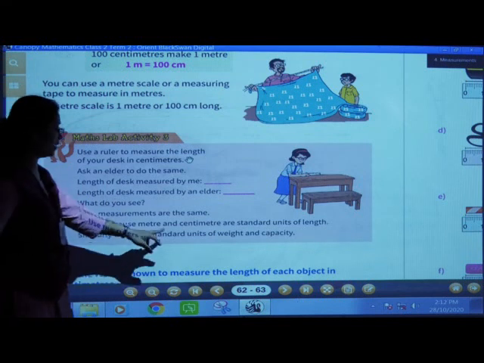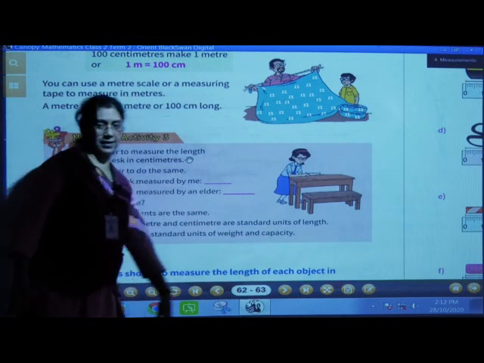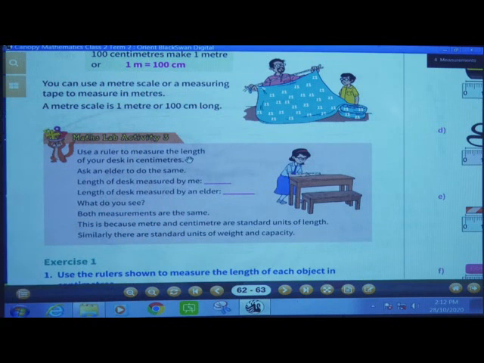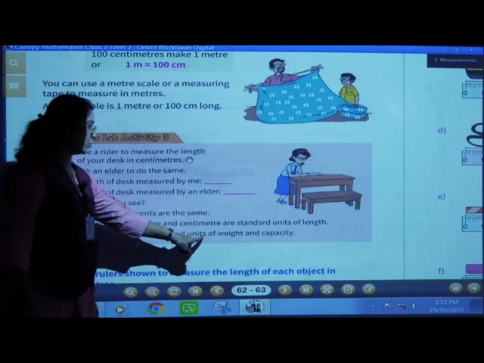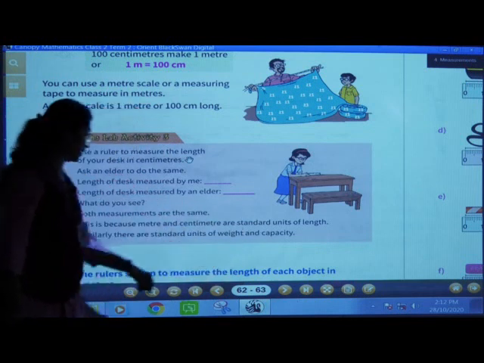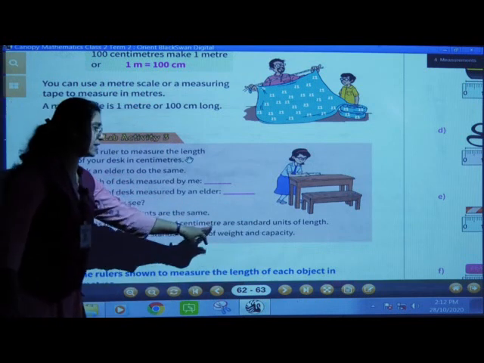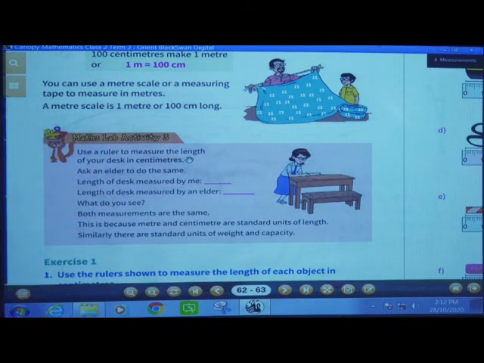Similarly, there are standard units of weight and capacity.